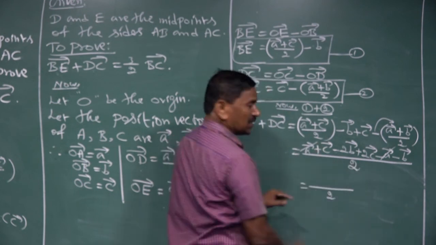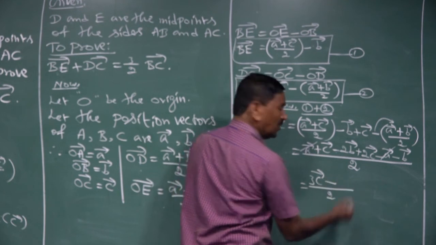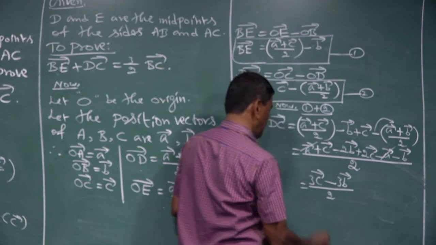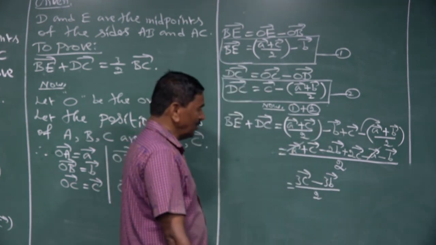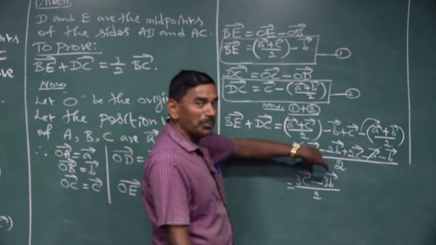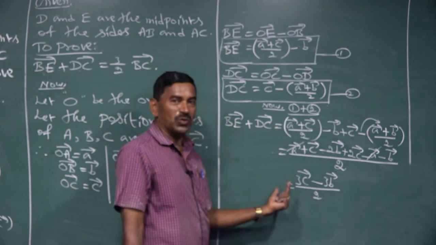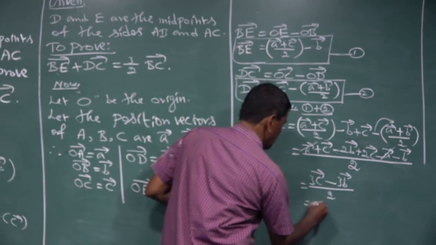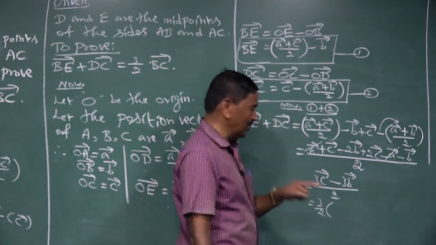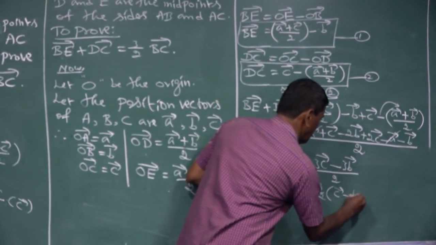Write the positive term first: 3C vector minus 3B vector. Any further simplification? From the numerator, 3 is common, and by 2, so taking out 3 by 2 of (C vector minus B vector).